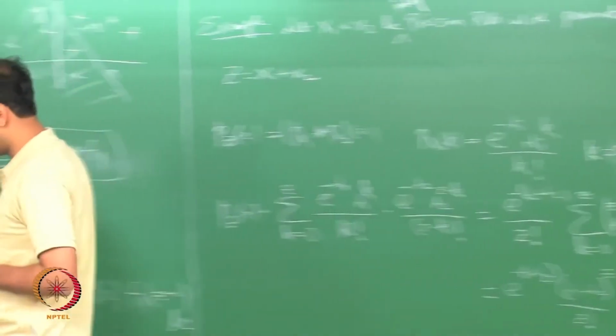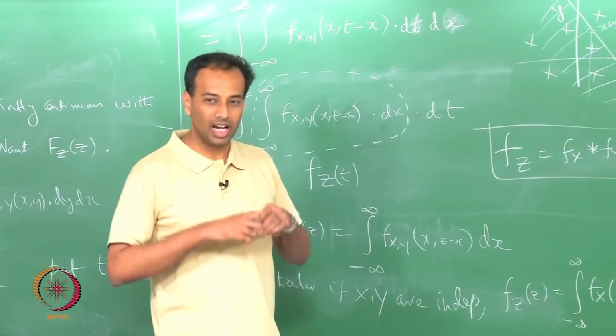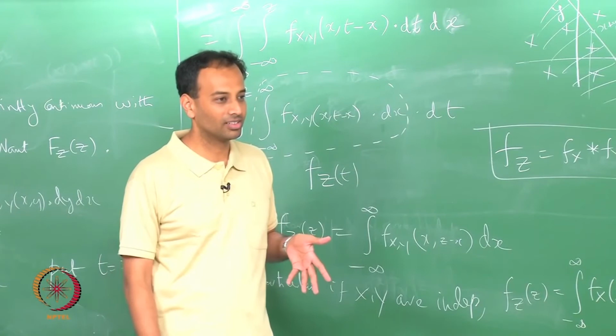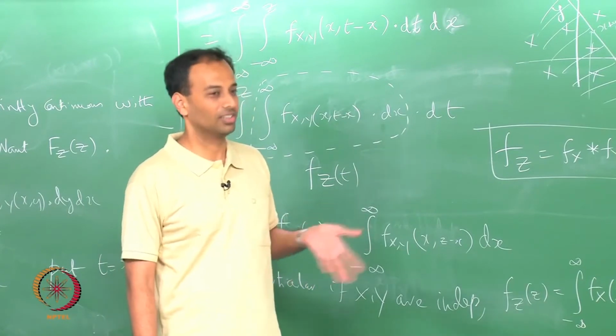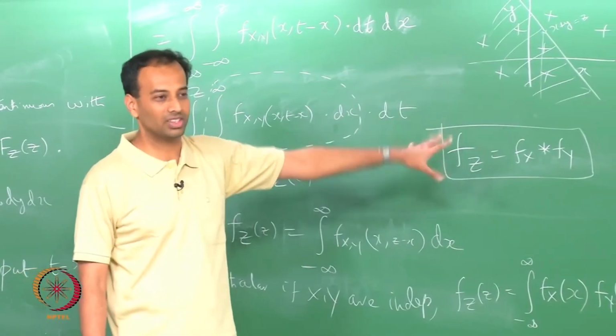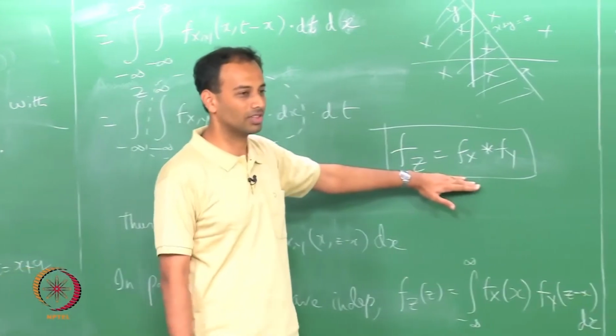Now, you know that if X and Y are independent and marginally continuous, it is automatically true that they are jointly continuous, right? So, if X and Y are independent random variables with densities f_X and f_Y, you can always use this expression.